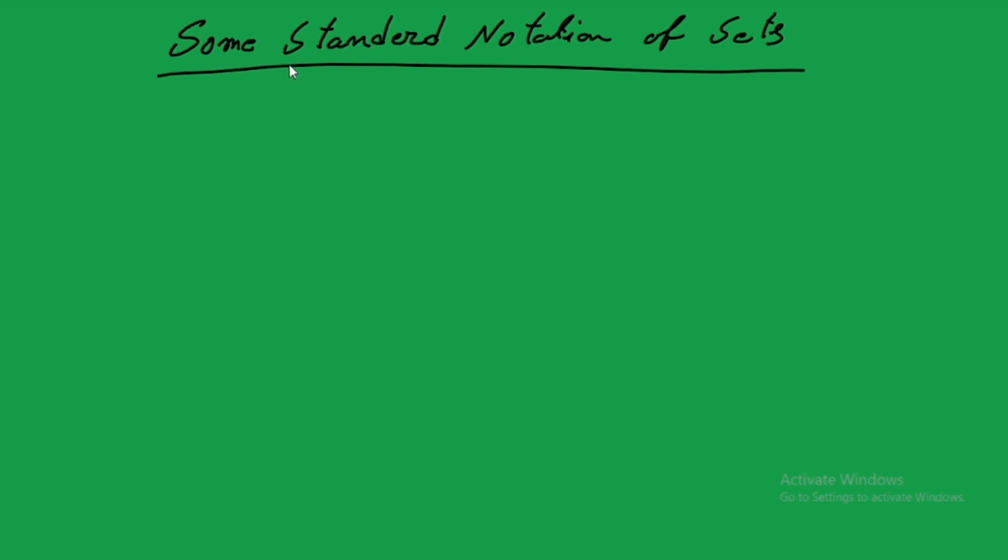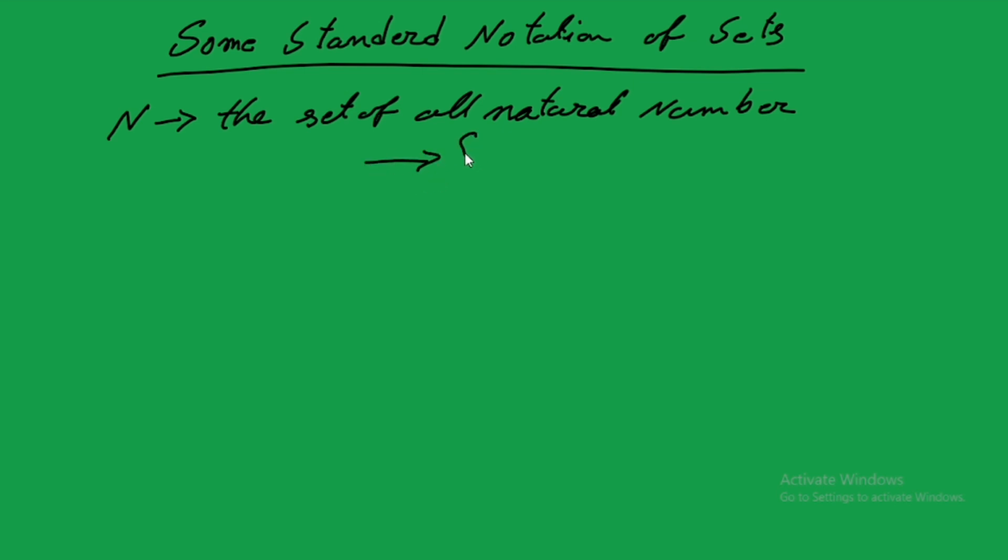Now we are going to learn some standard notations of sets. These help us especially in building sets. N represents the set of all natural numbers. All of these are written in curly braces: 1, 2, 3, 4 and so on, maybe up to 100, maybe 1000, maybe 1 crore, 1 million, 1 billion, and so on.